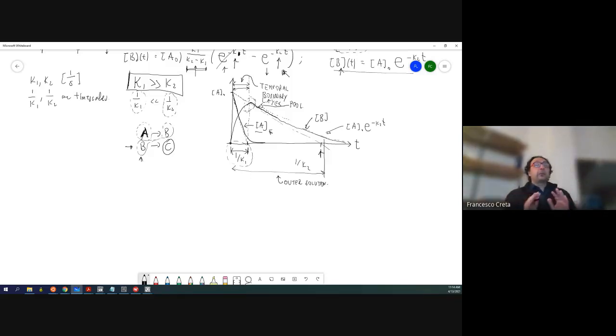Now, I would like to illustrate this even further by introducing a concept which goes under the name of singularly perturbed form of the ordinary differential equation system. So what we want to do here is highlight, make it clear, that there is a separation of timescales.